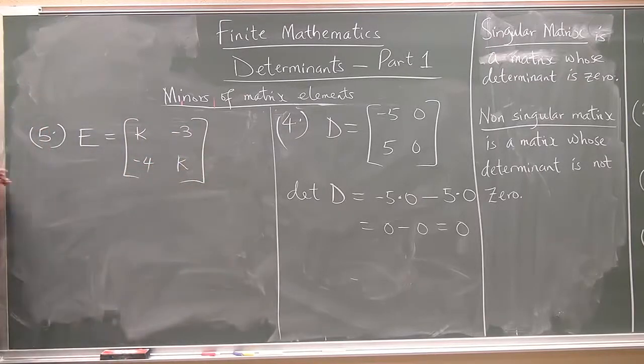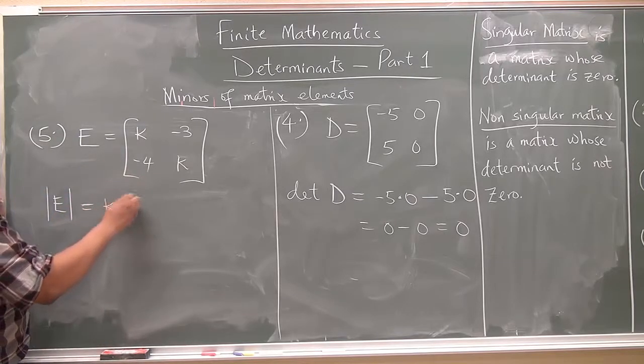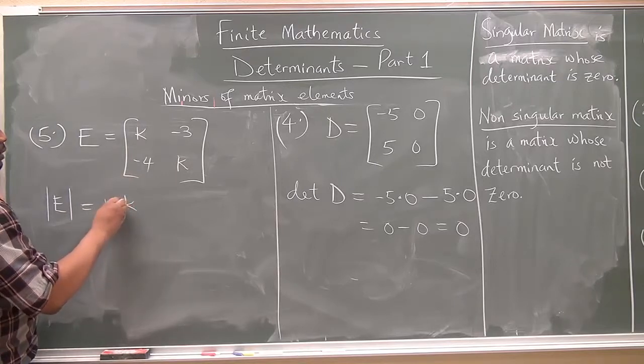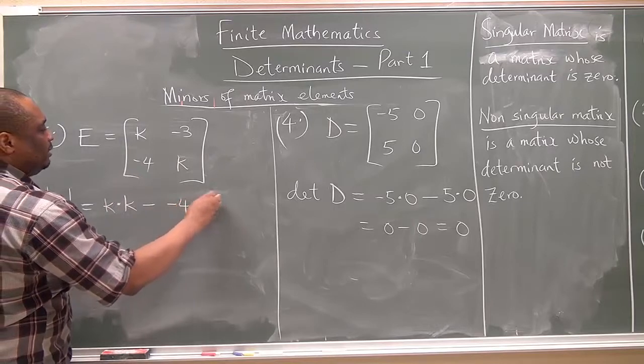Don't be mad at the algebra because you now see variables. It is still the same process that we will use to solve it. So the determinant of E will be K times K, okay, minus 4 times minus 3.